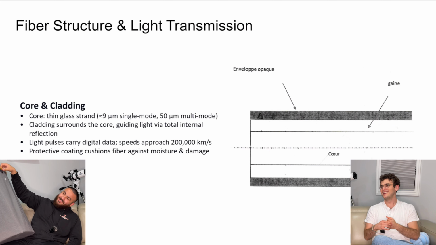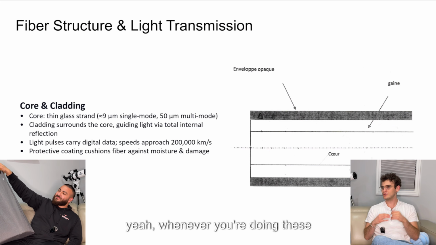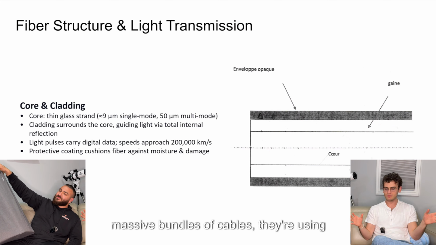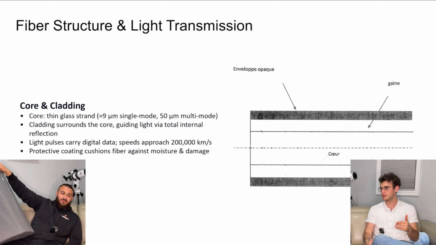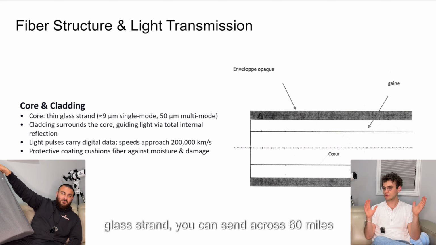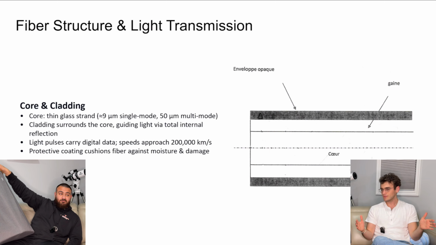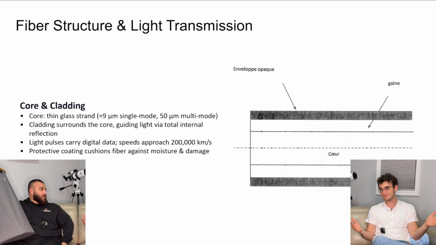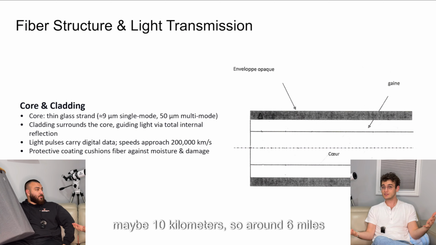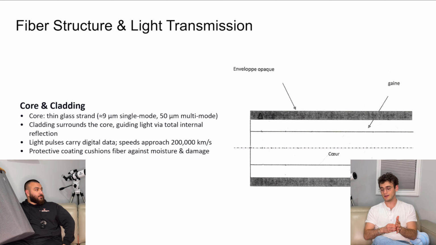But so yeah, whenever you're doing these massive bundles of cables, they're using single mode cables, because with a single mode glass strand, you can send data across 60 miles. For comparison, you could do maybe 10 kilometers, so around 6.2 miles, if you're using copper.